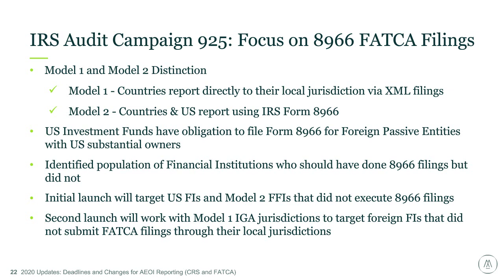If you haven't been filing those 8966s, you're a perfect candidate for receiving that letter saying, what's going on? We see that you more likely than not should have been filing 8966. Let us know. Again, we don't know exactly what information, but we were told they've identified a population of financial institutions that they believe should have been doing these 8966 filings but have not.